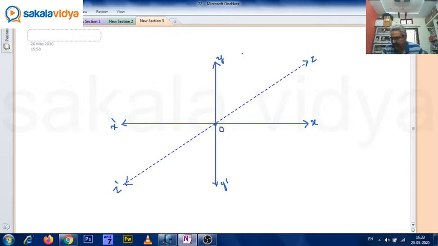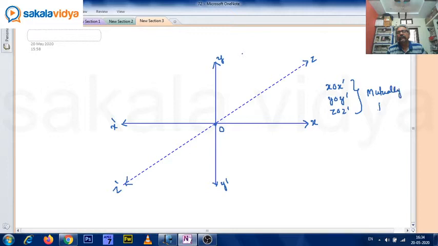So xox dash, yoy dash, zoz dash are mutually perpendicular lines that meet at the origin. So the space will be divided by these axes. They are called the x, y, z axes: x-axis, y-axis and z-axis.